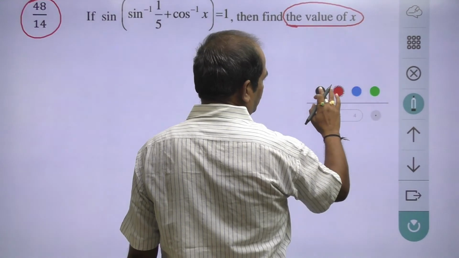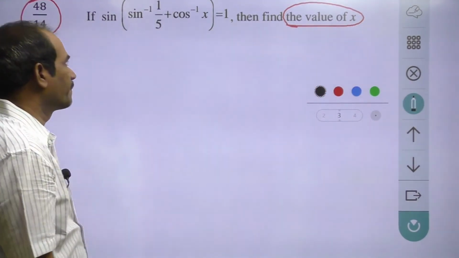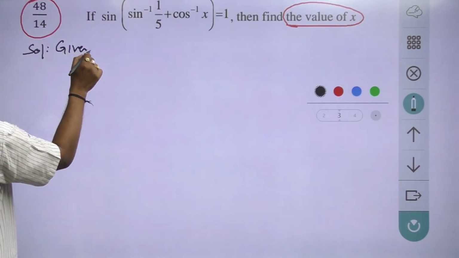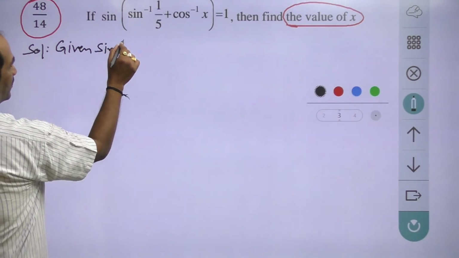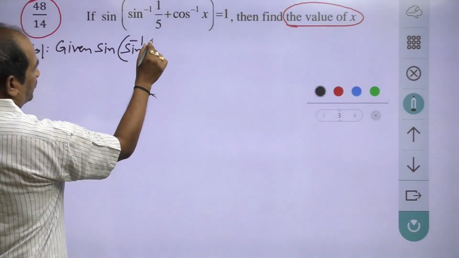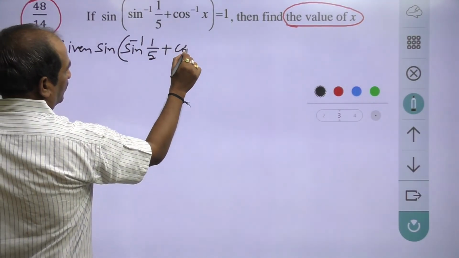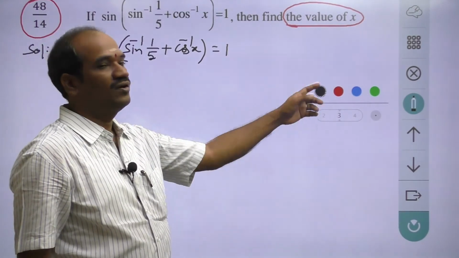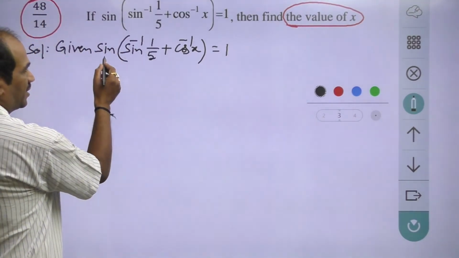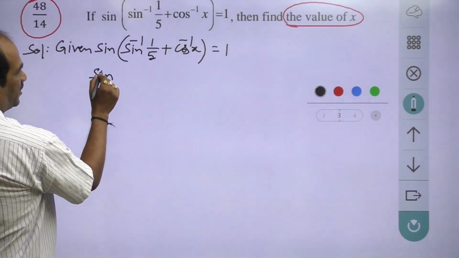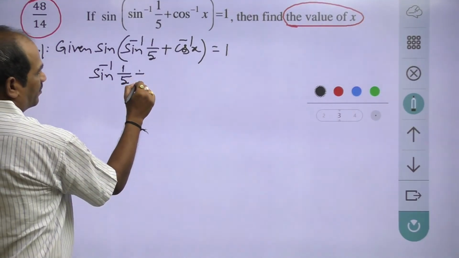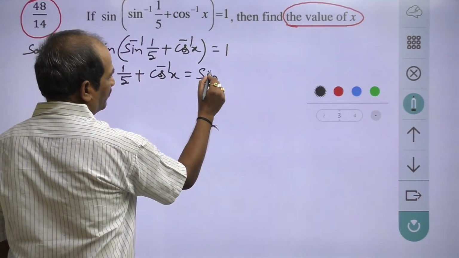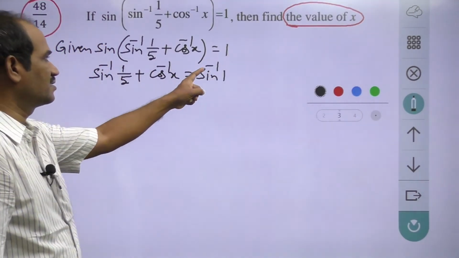See here in the solution, in this given function: sin inverse of 1 by 5 plus cos inverse x is equal to 1. This is the given data, and we calculate the x value. Taking the remaining value, sin inverse of 1 by 5 plus cos inverse of x is equal to sin inverse of 1.